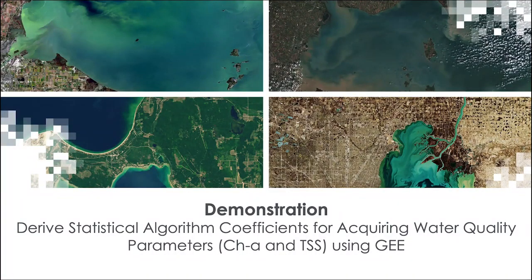So with that, we will start with a demonstration today. Sean McCartney will show how to derive statistical algorithm coefficients for acquiring water quality parameters. Again, considering the time we have, we'll focus on chlorophyll A and TSS, but we'll talk about Secchi depth or water clarity.